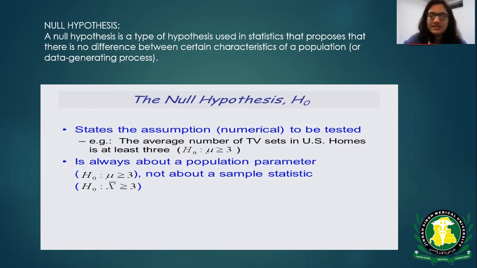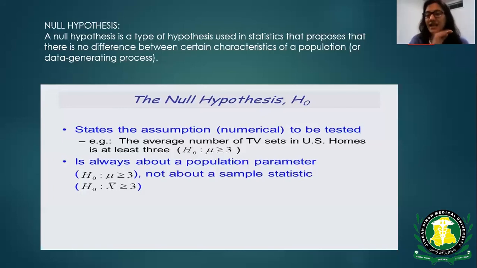Suppose here it says, as an assumption, the average number of TV sets in US homes is at least 3. So this is a hypothesis. If it's 3 or more, then the hypothesis is correct. But if the number that we calculate is less than 3, then we would say no, the hypothesis was wrong.